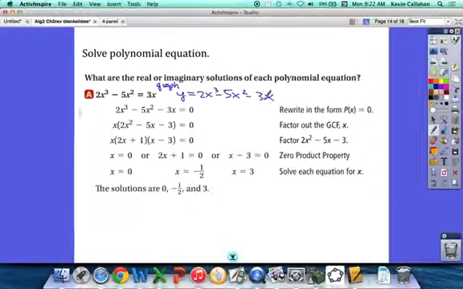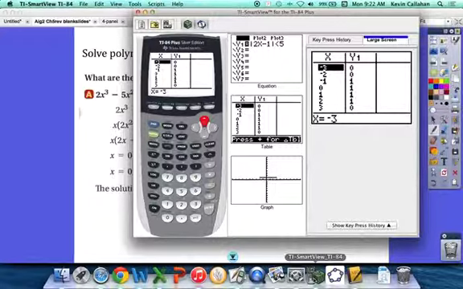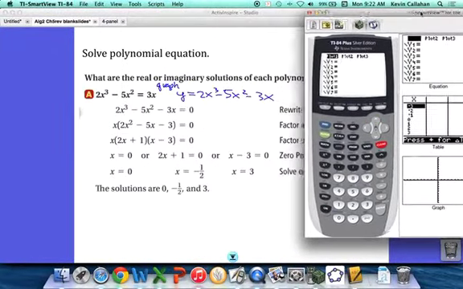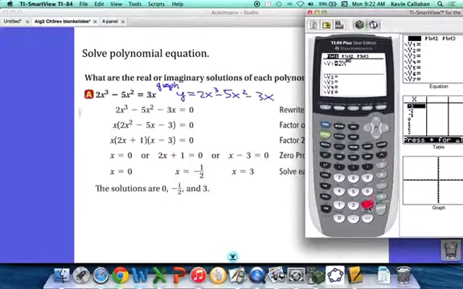And then where would you look for the zeros? We already did this. Okay, well let's do it then. Okay, here we go. Y equals, clear, 2x^3 minus 5x squared minus 3x.